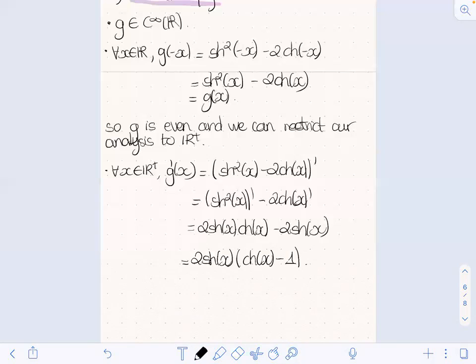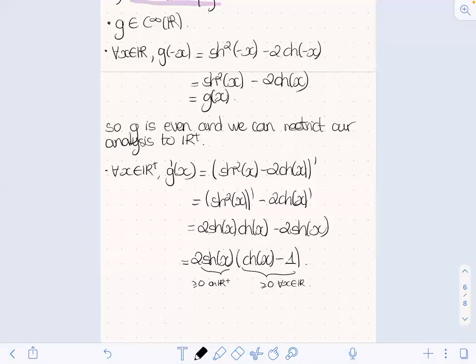I was going to say that the term ch of x minus 1 is always positive since ch of x is superior to 1. Exactly. Well, yeah, it's in R plus. Yeah, absolutely. So sh of x is positive on R plus. Okay, and ch of x minus 1, that's positive for any x on R.